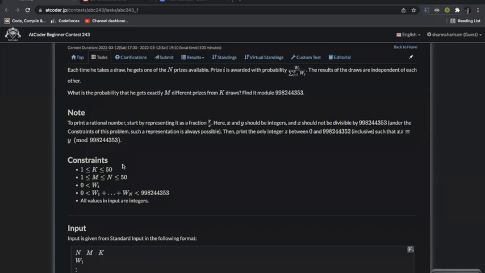And even I was thinking about something which used meet in the middle, but I was not able to come up with an approach which would AC under these tight constraints.